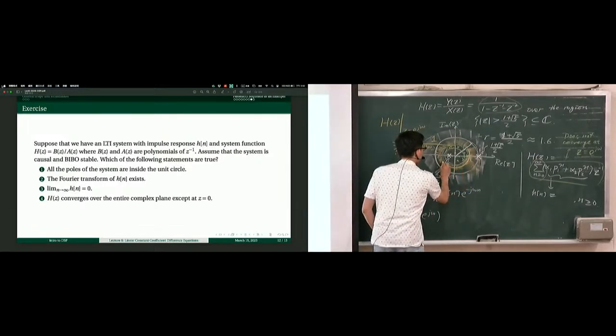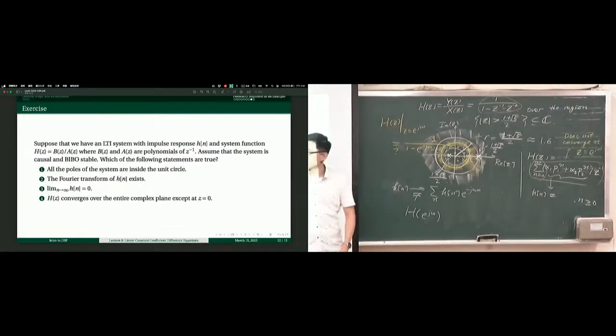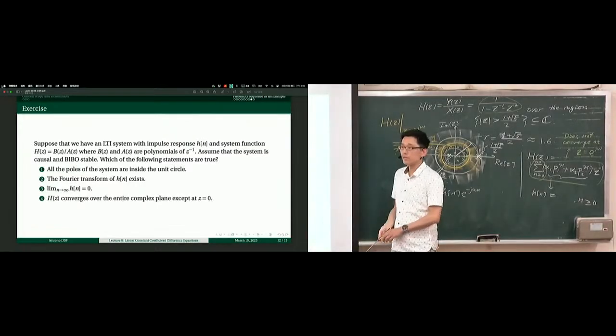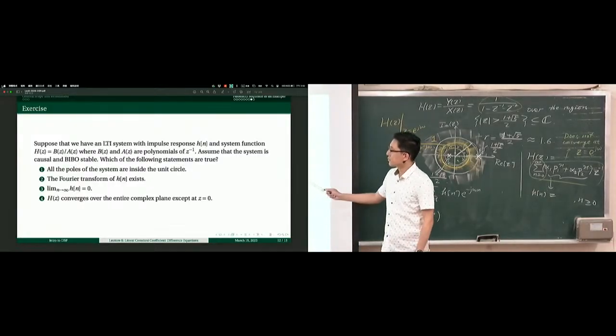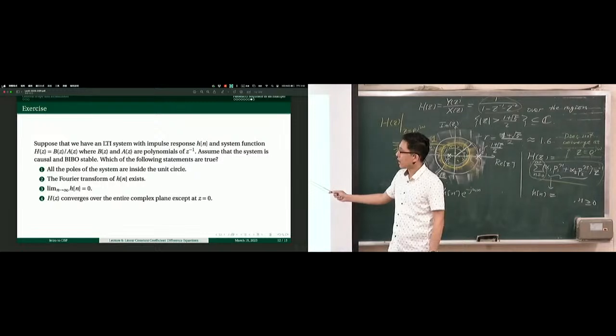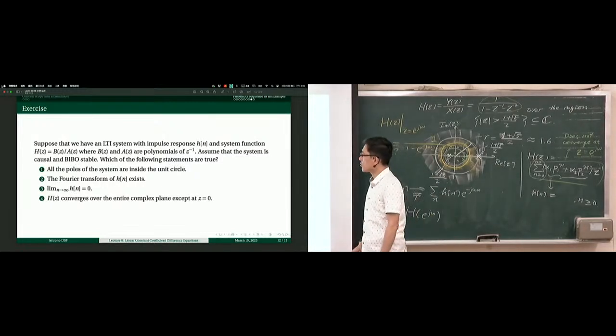Then the Fourier transform of h[n] exists. So my answer to the second is yes. A stable system has a Fourier transform; the impulse response has a Fourier transform.